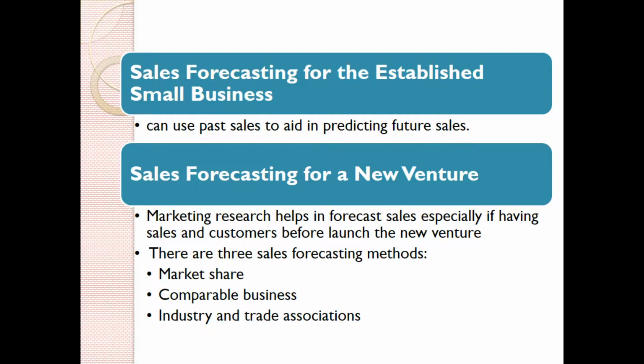So when we want to do sales forecast, we must know our market share. We must also compare our business with other business. And number 3, we must also understand what are our industry and trade association relating to our product or services.